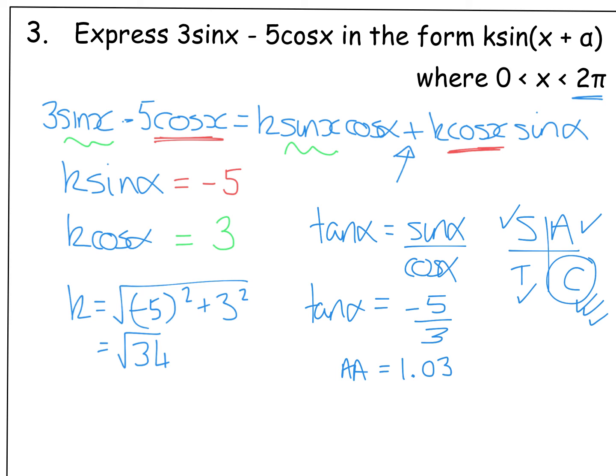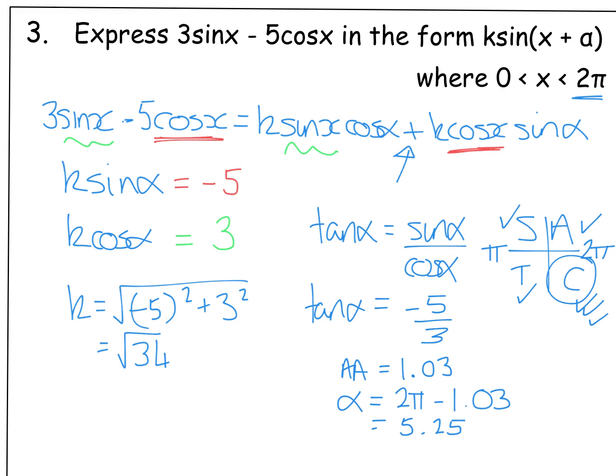So you have to remember that your all sine tan cos table actually has pi and 2 pi. So to get alpha, you are doing 2 pi, take away the 1.03. So go to your calculator and do 2 pi, or you could use 6.28 if you wanted. Take away 1.03 and you get 5.25.